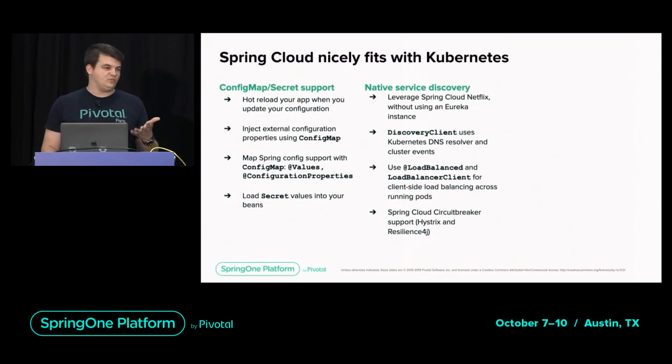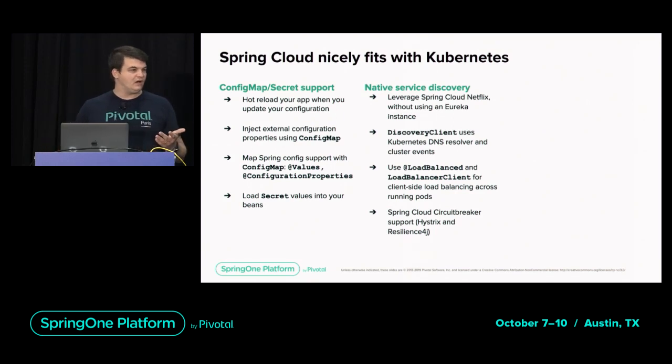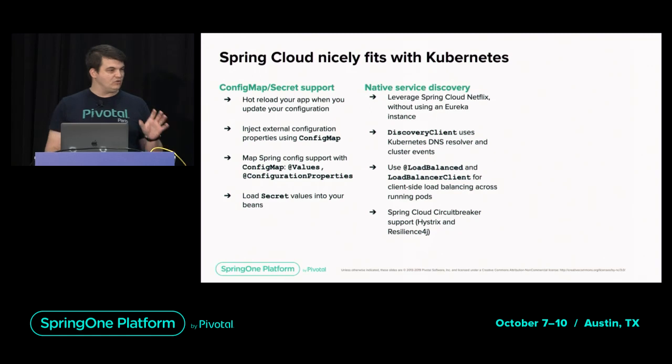Another nice feature from Spring Cloud Kubernetes is native service discovery, which means that when you have many Kubernetes services that you declare within your application, then using Spring Cloud Kubernetes, you have a discovery client implementation coming for free, which means that you don't even need to deploy a Netflix Eureka server to your Kubernetes cluster. The only thing you need to do is to add the Spring Cloud Kubernetes dependency to your application.